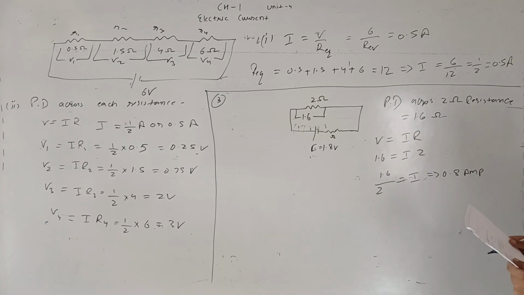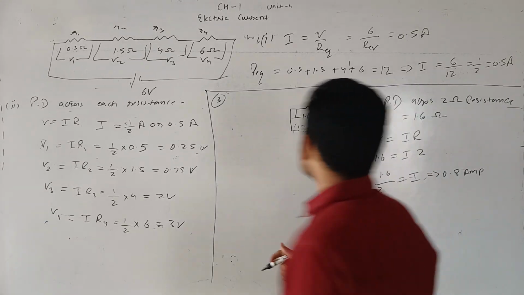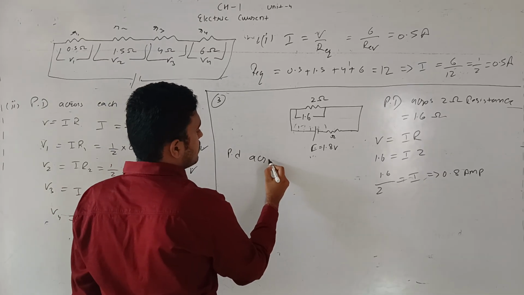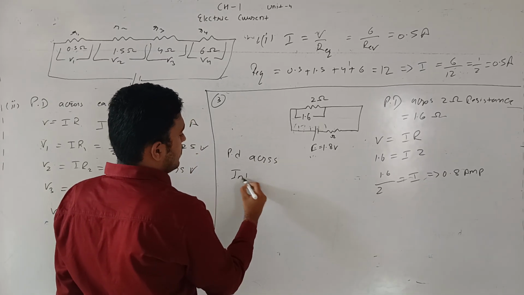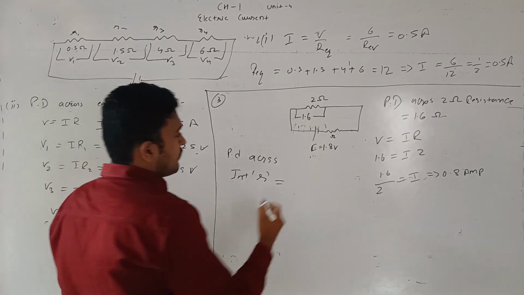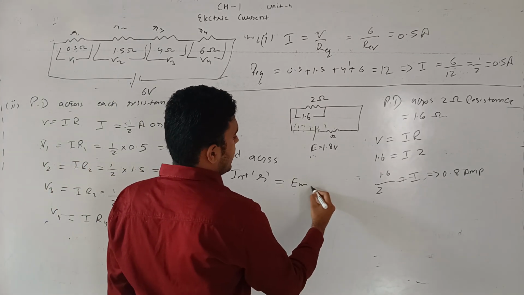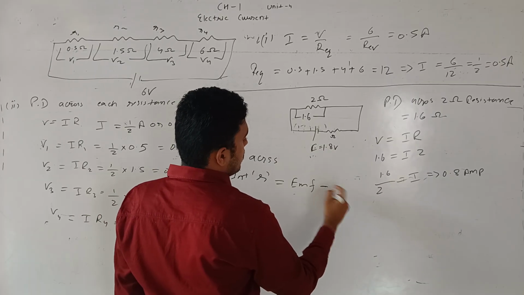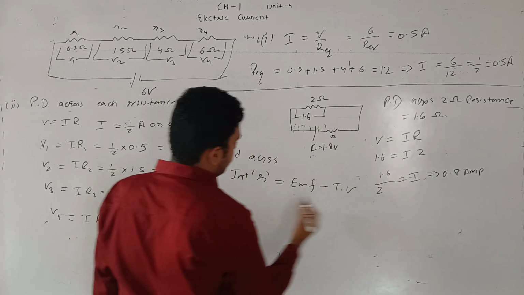We have to find the internal resistance. Now, the potential drop across the internal resistance is the EMF minus the terminal voltage.